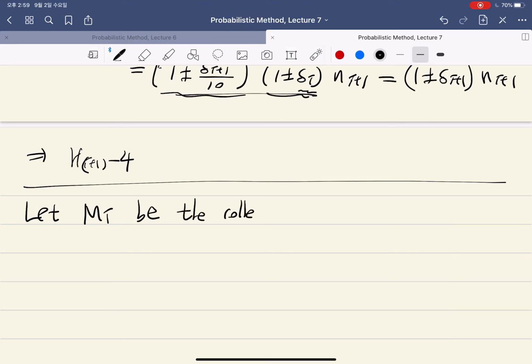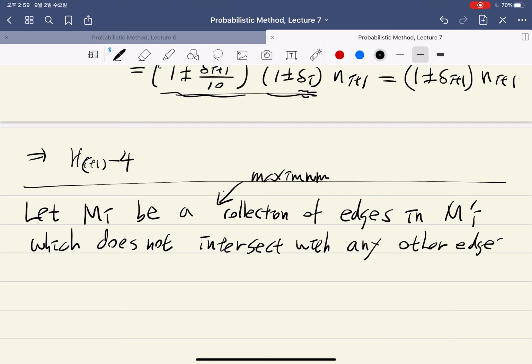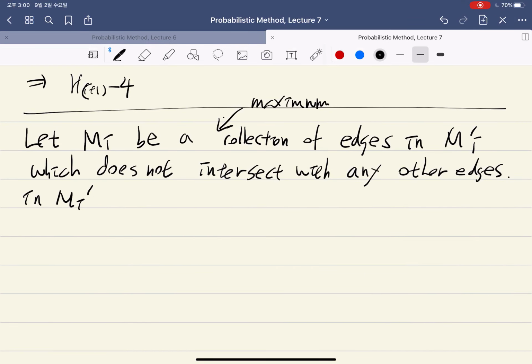Let this be the maximum collection of edges in M prime i which does not intersect with any other edges in M prime i.